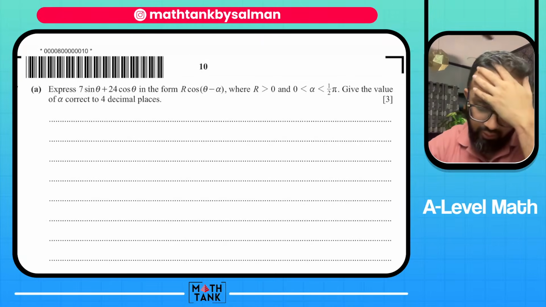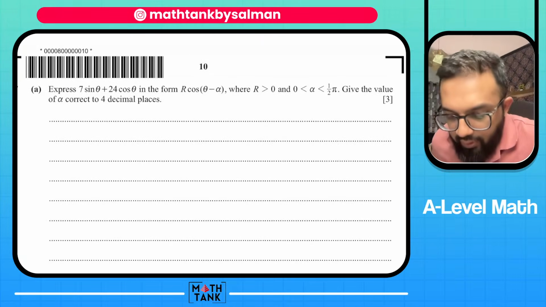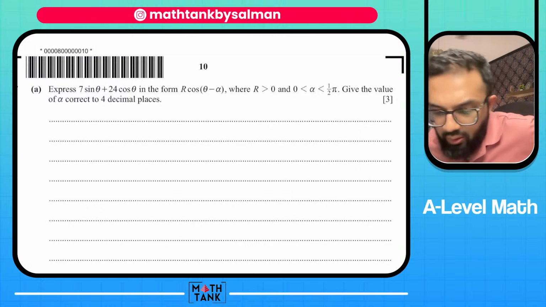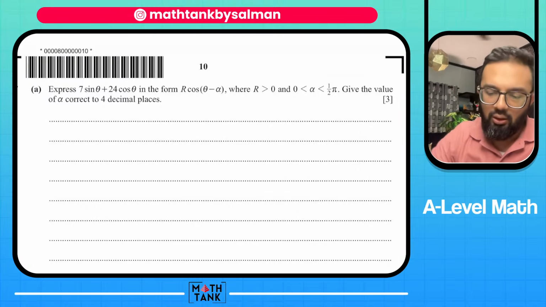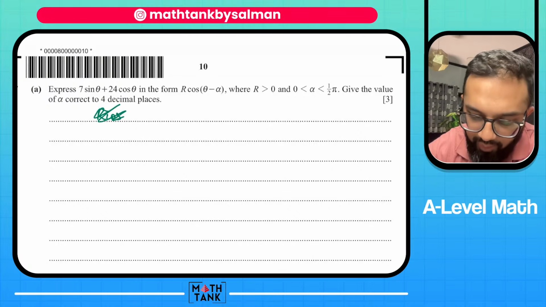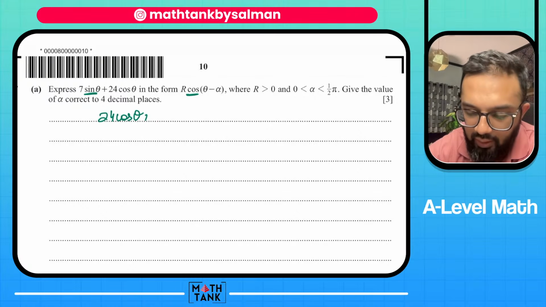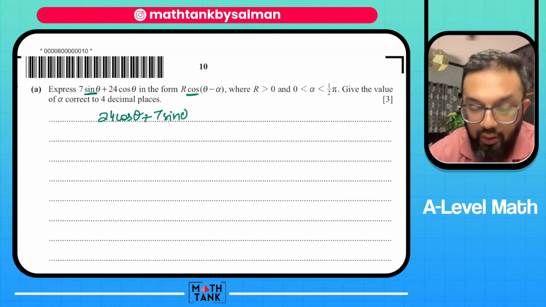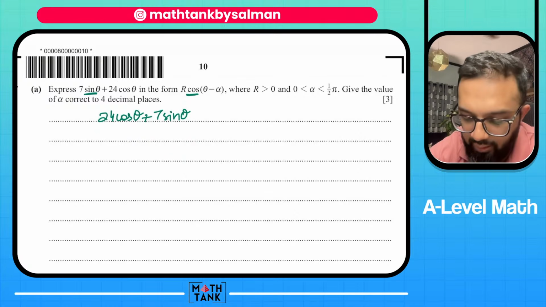Okay, moving on. This is express 7 sine theta plus 24 cos theta in the form R cos theta minus alpha. Now, if you do it with harmonic identities, you should remember that whatever is here should be in the first place. So this needs to be rearranged. I've never seen that in the past papers, but it's there. So you need to know that now.